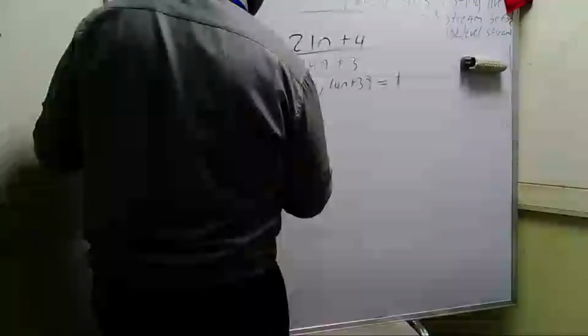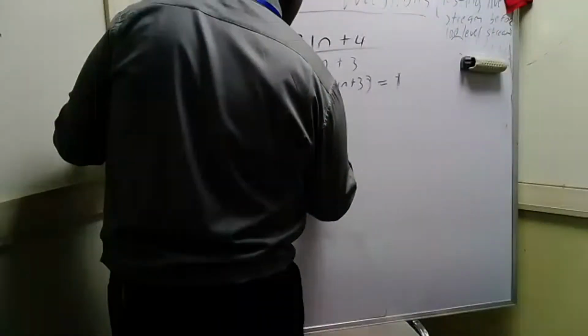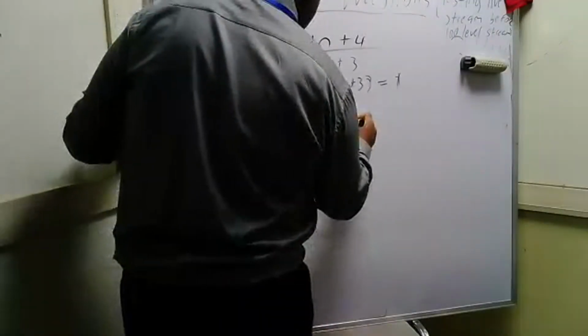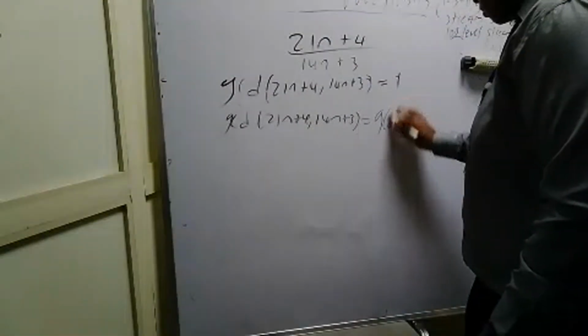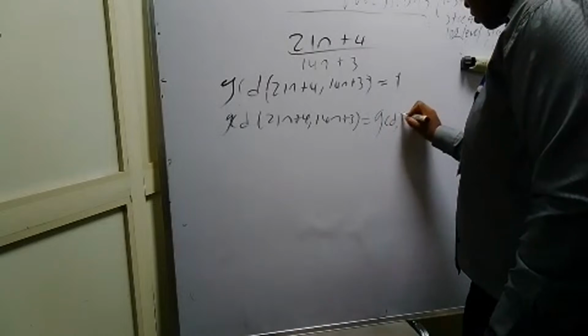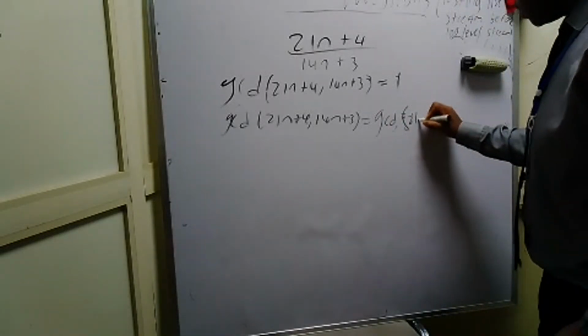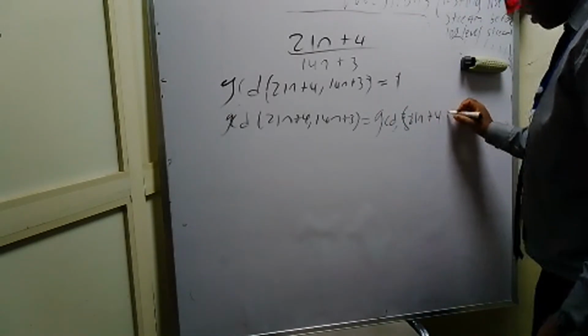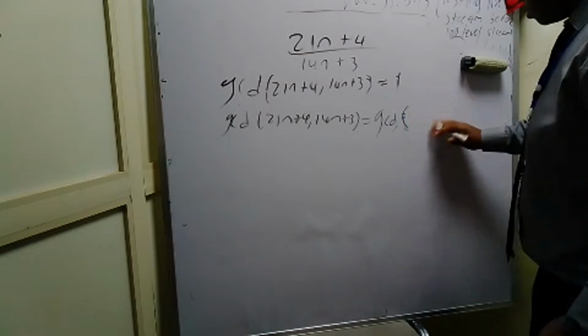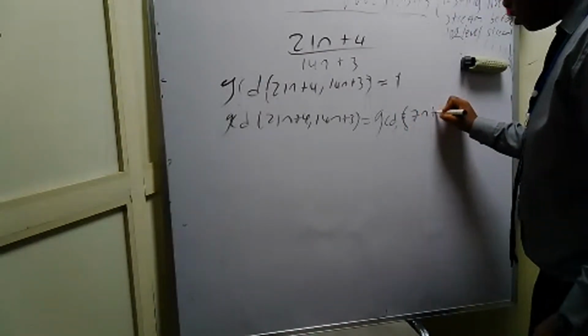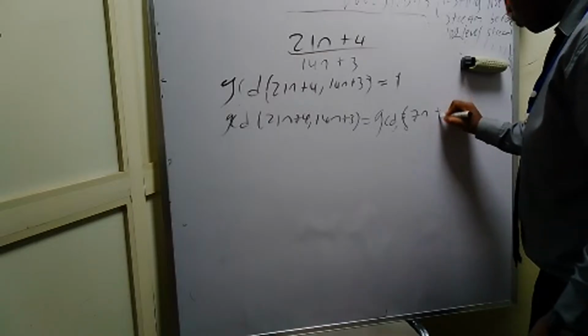The greatest common divisor of 21n plus 4 and 14n plus 3 will equal the GCD of 14n plus 3 and 7n plus 1.